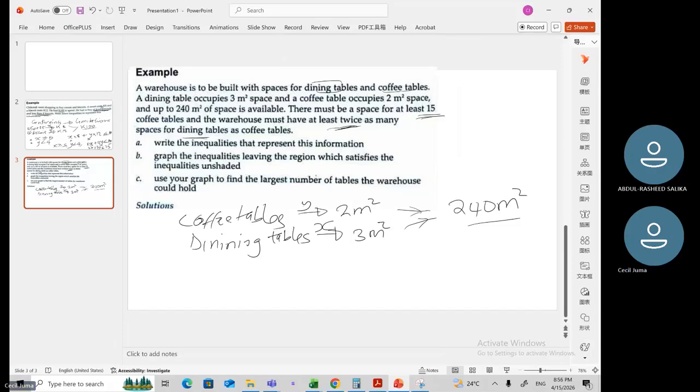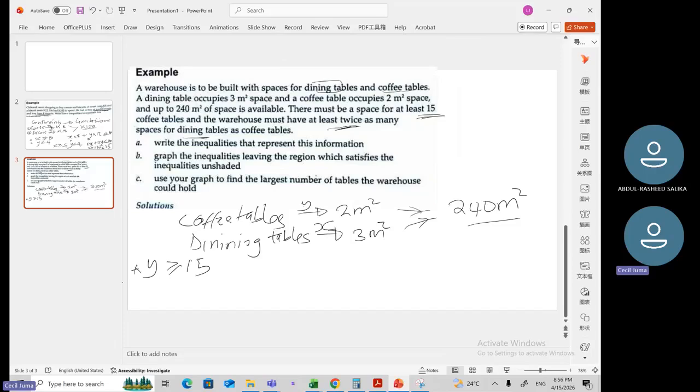Now, the other area: you have Y as coffee table, and I want it to be at least 15. Y should be greater than or equal to 15. That's the first linear inequality we can have from this.